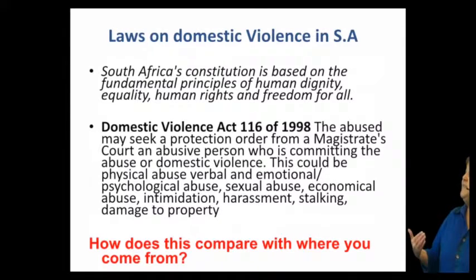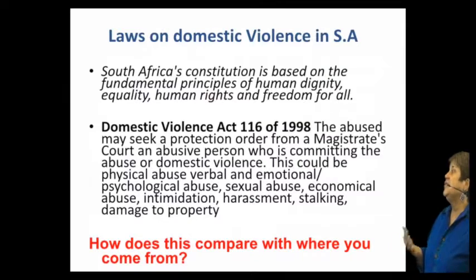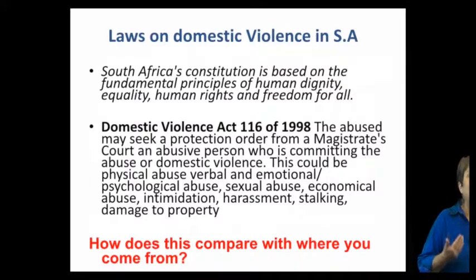It could be physical abuse, verbal abuse, emotional abuse, sexual abuse, economic abuse like I described, intimidation, stalking, or damaging the person's property. And again, it's a very good law. It is sometimes difficult to implement it.